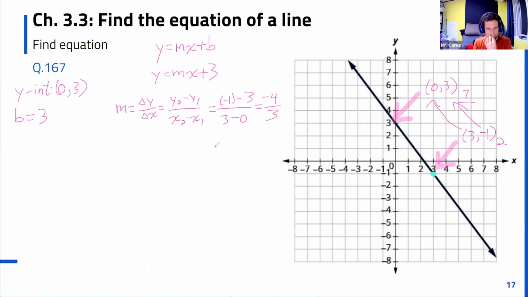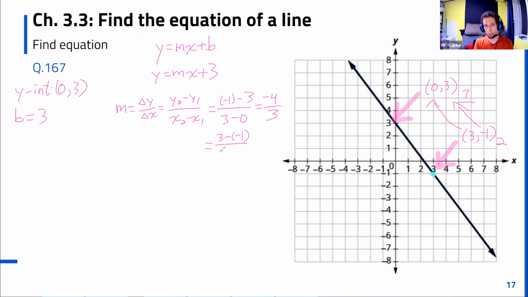Someone asked me this in class today, so I'll just show you the other direction. It doesn't matter what order we do the subtraction with the points in, so let's do the other one as well. Let's switch these around and make point 1 the other point, and point 2 the first. Then we would have 3 minus -1 on the top, which looks different, a +4.